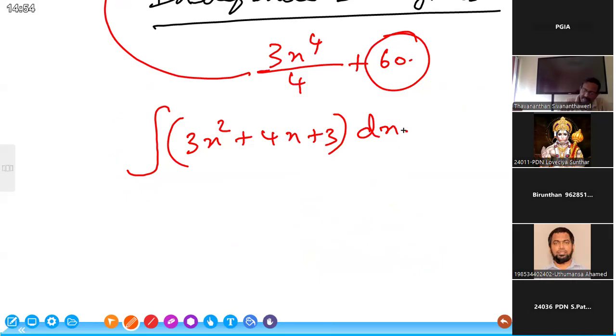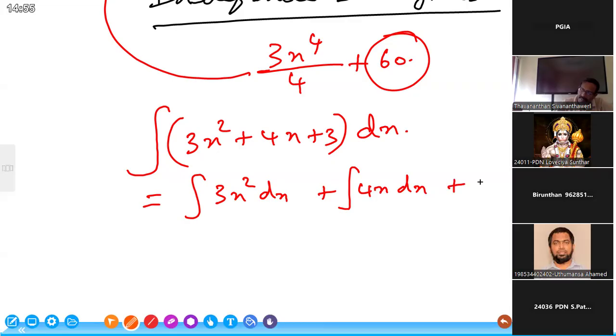This is the same as integration of 3x square dx plus integration of 4x dx plus integration of 3 dx. You do it separately for each and every one.